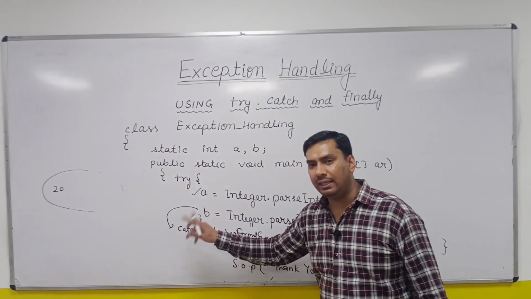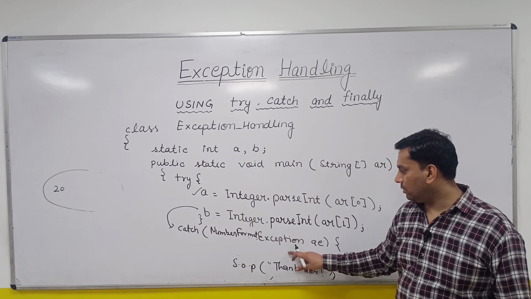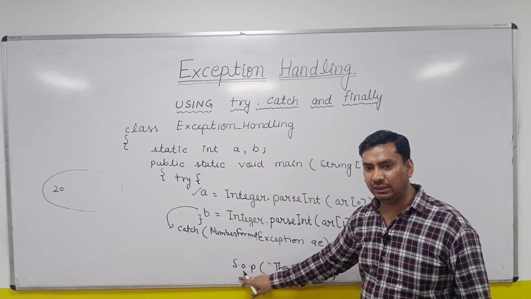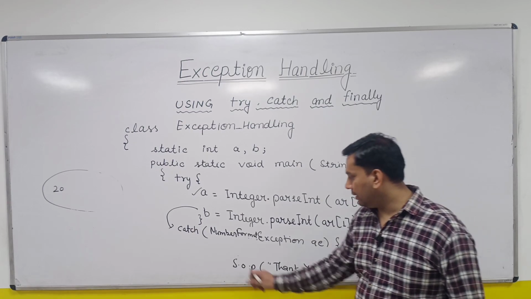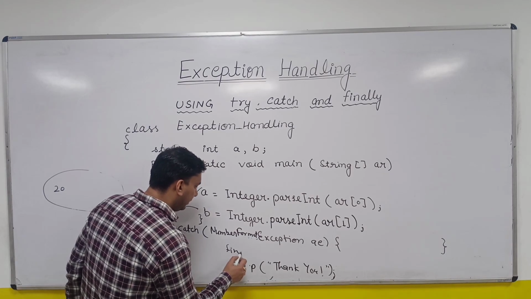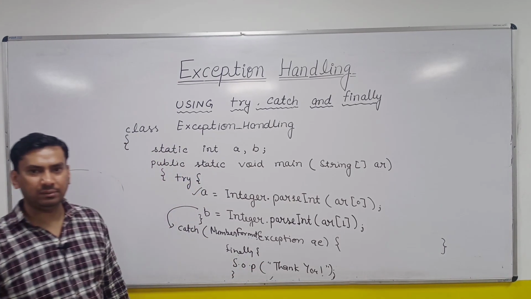It will search for the ArrayIndexOutOfBounds catch block, but there is no catch block corresponding to ArrayIndexOutOfBounds. It will say I am unhandled. I will not execute this code because it is not written in the finally block. Right? So here the finally block is still important because I feel that this statement must be executed.